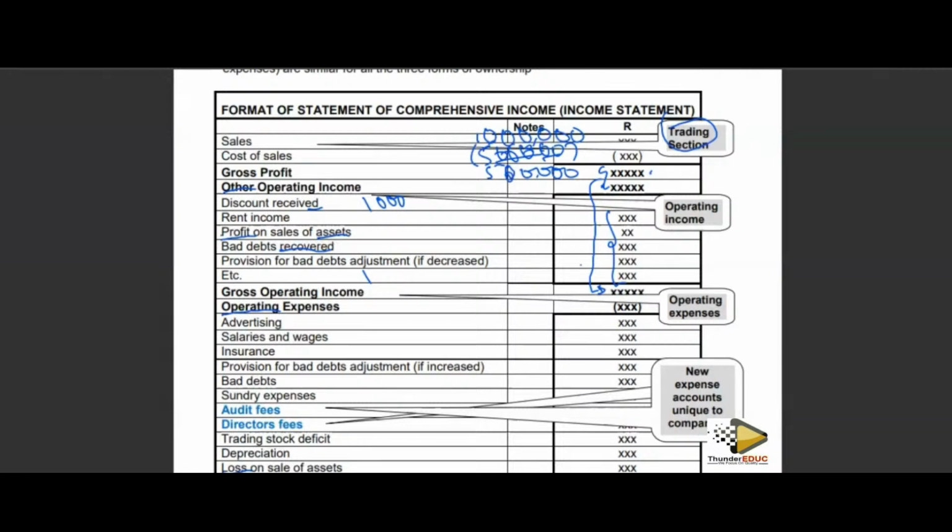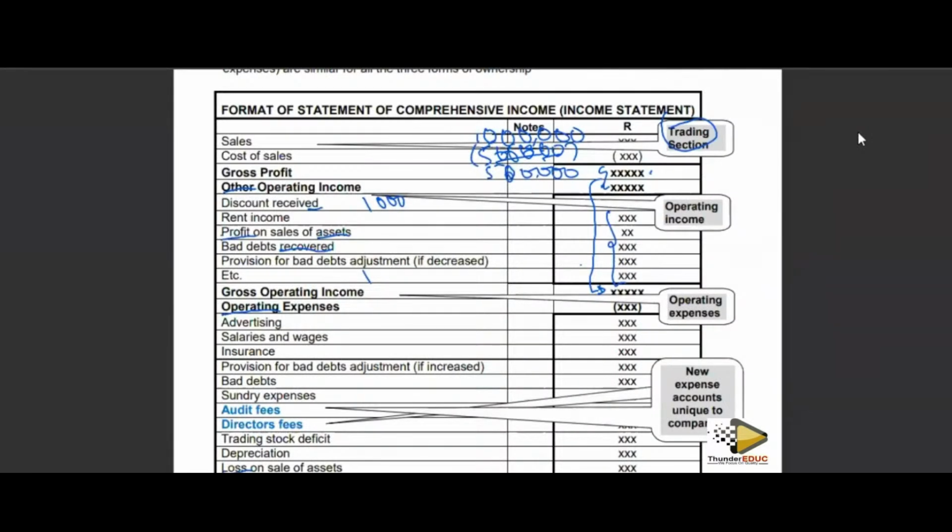Whenever you see the business paying out money, and this expense has to do with the normal business operations, you have to record it as an expense. So what you need to find out is whether the business was giving out money or not.